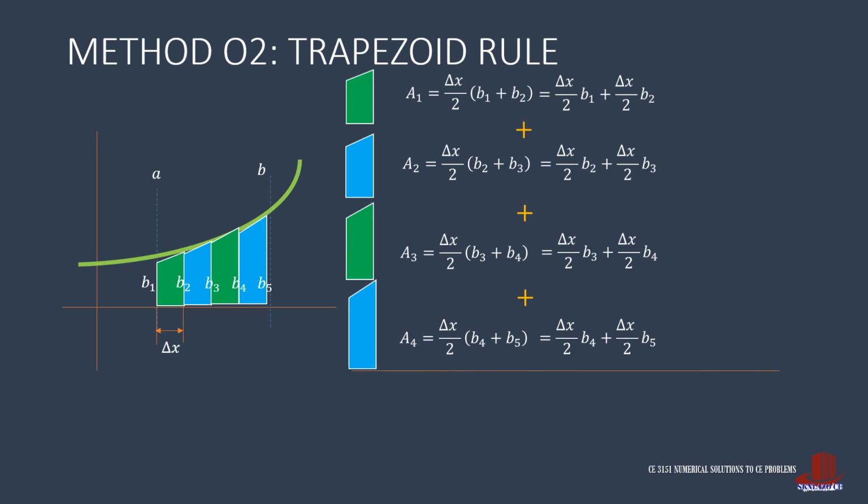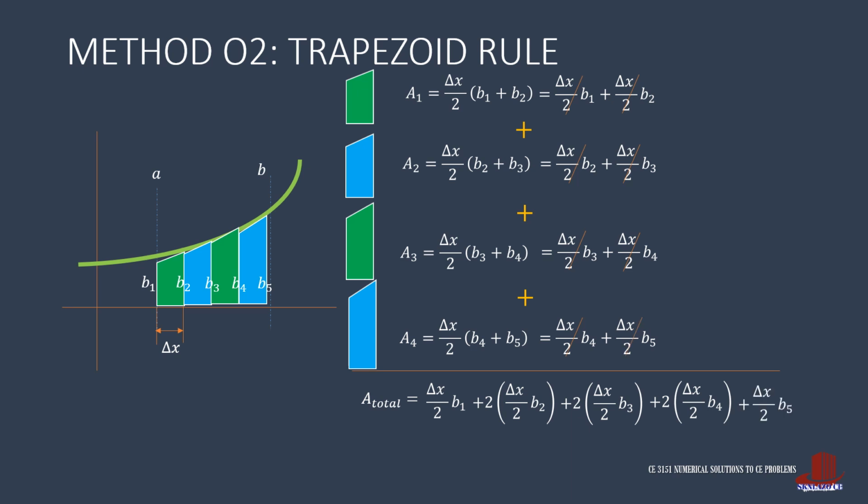The total area is the summation of the individual trapezoids. So A total is half of delta x times B1, plus twice the term delta x over 2 times B2, then also twice half of delta x times B3 and 2 times half of delta x times B4, then finally, delta x over 2 times B5.